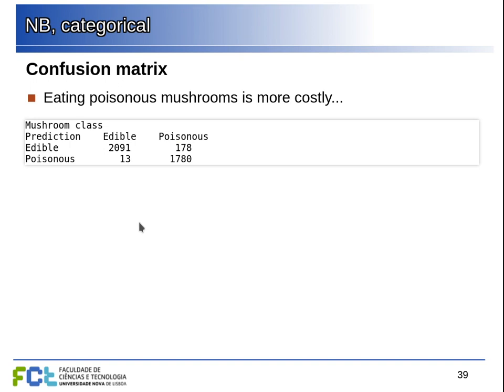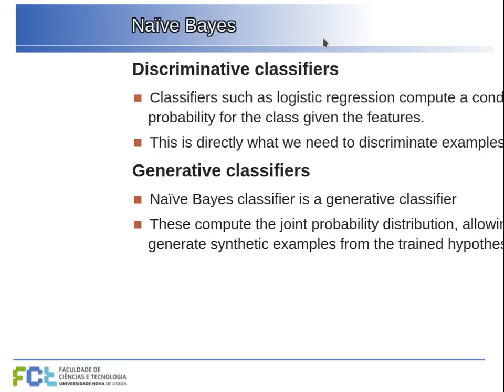And this is something that we're going to see later on. The error rate may not be a good measure of how undesirable each error is, because some errors may be more costly than others. If we throw away an edible mushroom thinking it's poisonous, that's not very bad. But if we eat a poisonous mushroom thinking it's edible, that's probably very dangerous.